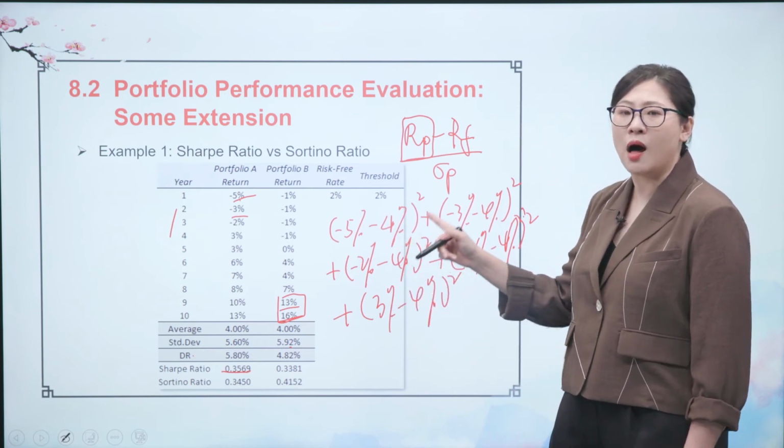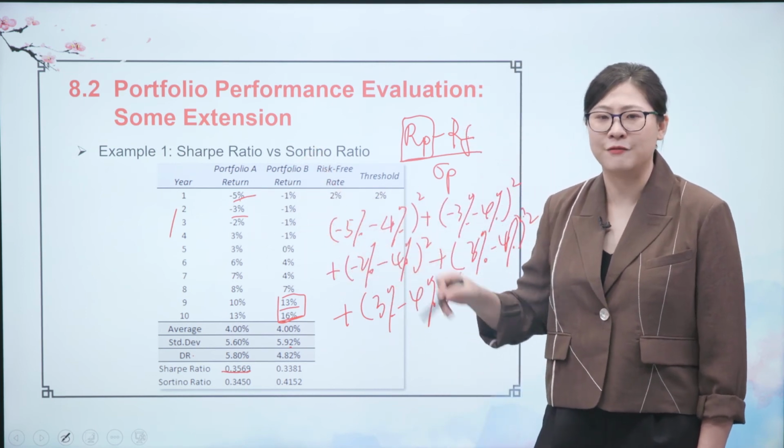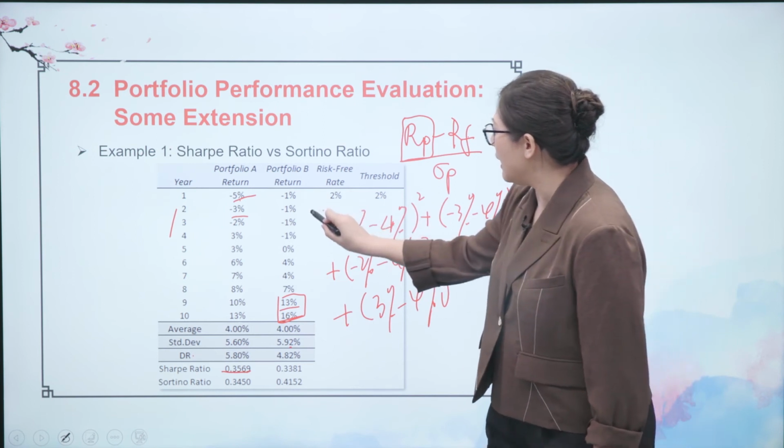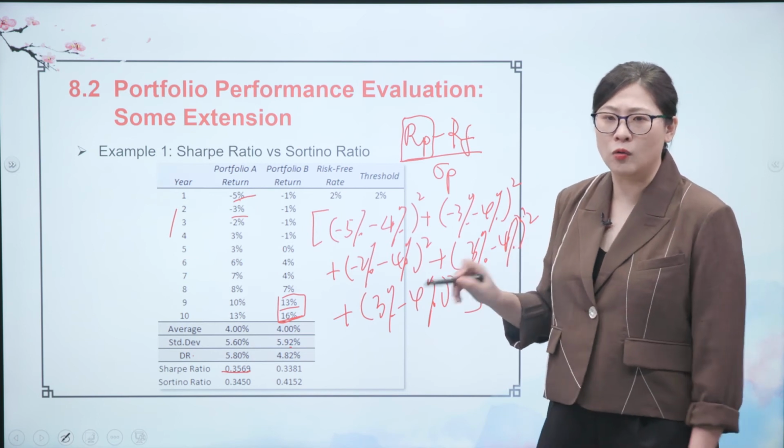So that's all the returns that are below our expected average return. And then you sum them together and multiply by 1 over n.